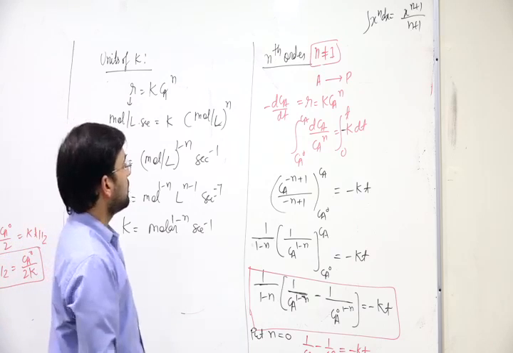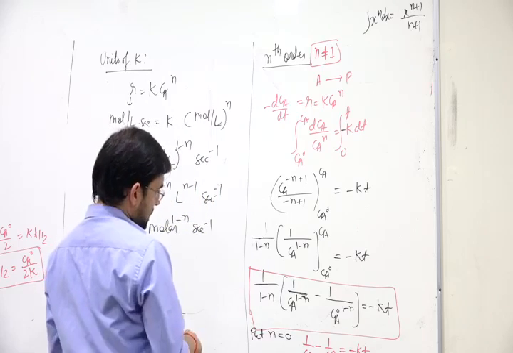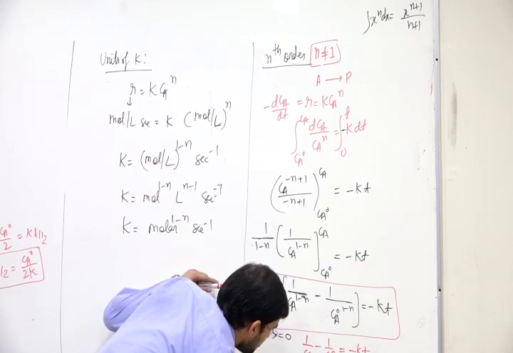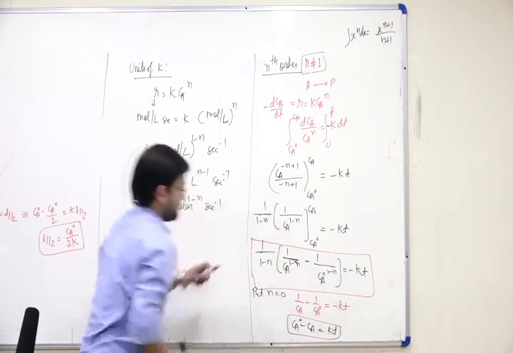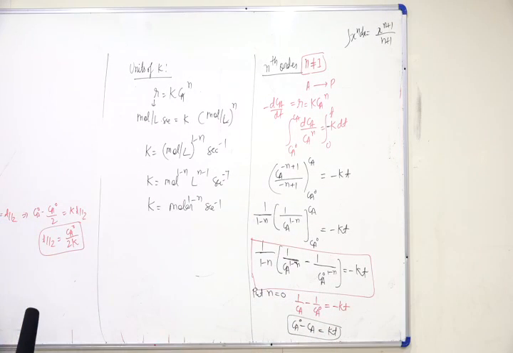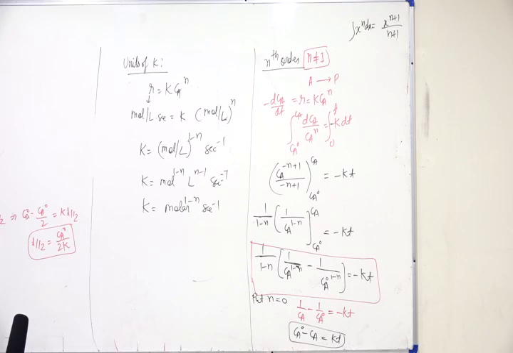Understand? Okay, so we'll take an LCM, we'll get Ca naught minus Ca equals Kt. This above formula will be applicable to any type of nth order. Okay? Understood.